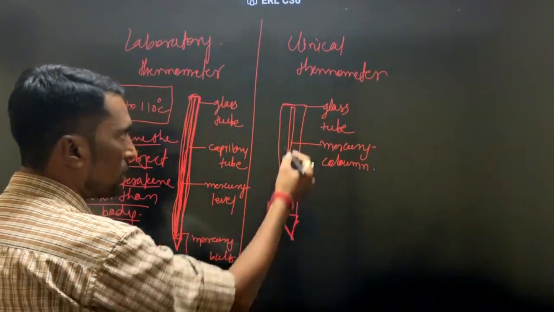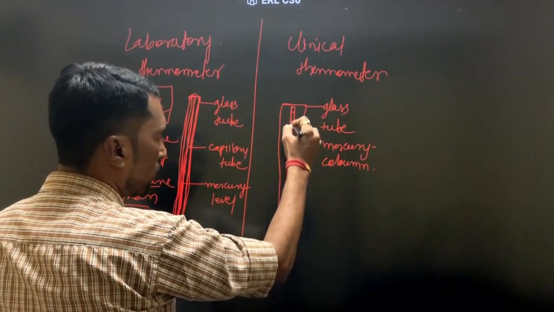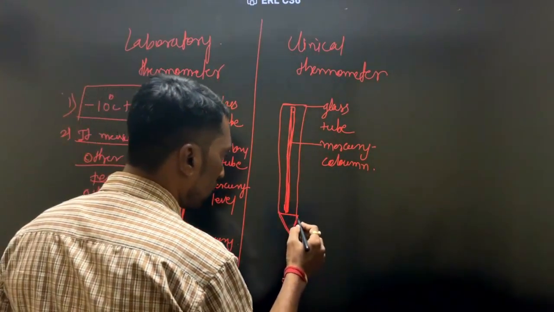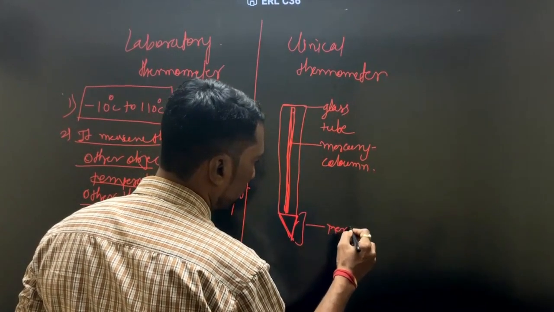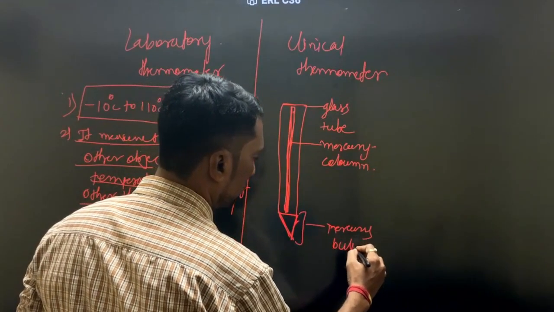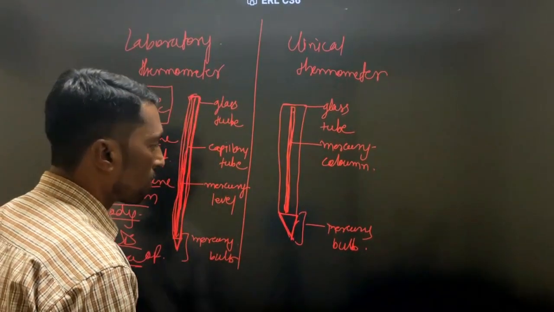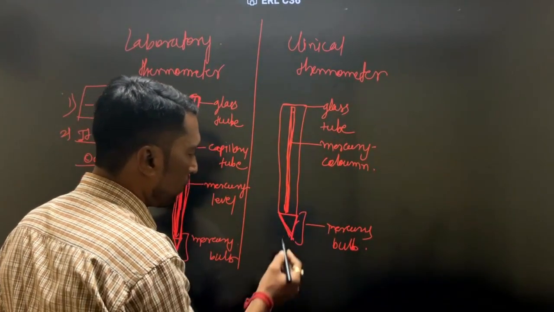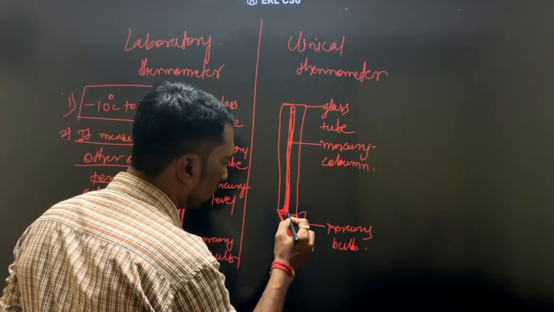In that, mercury is there. This is the mercury bulb. And here is a kink.